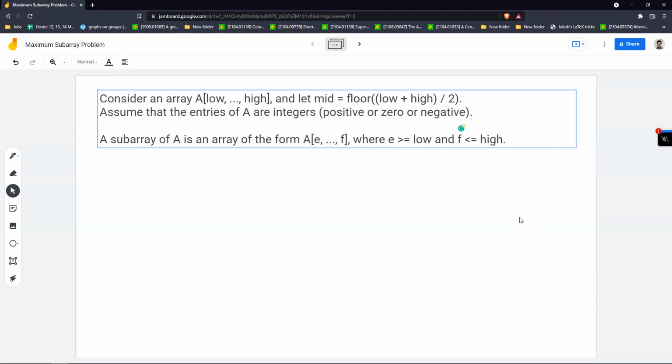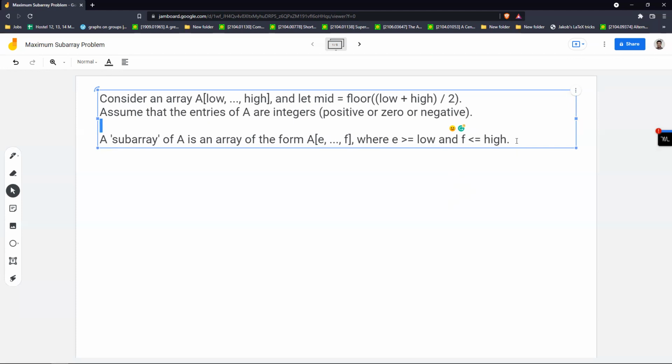What does this mean? Some consecutive subsequence of elements in A. Some consecutive subarray, that is what we mean by subarray. So the entries here are A of E, A of E plus 1, A of E plus 2, up to A of F.